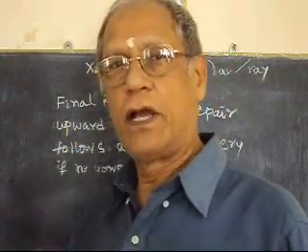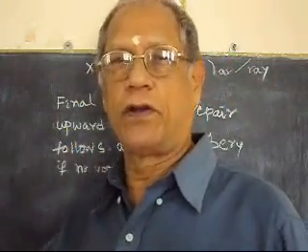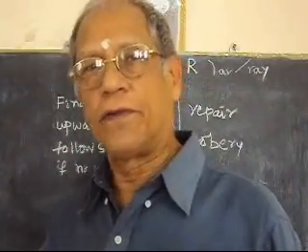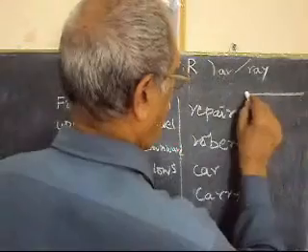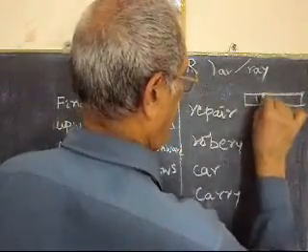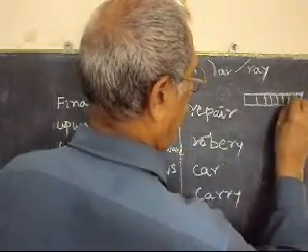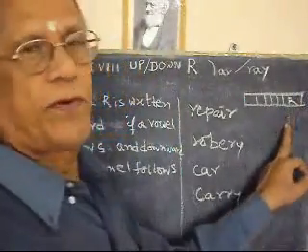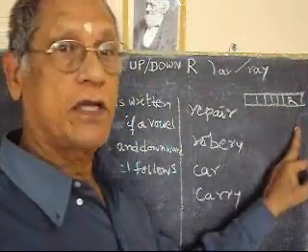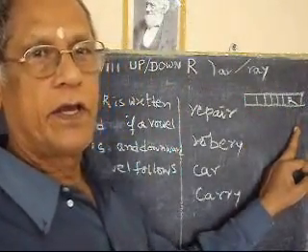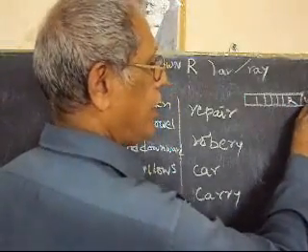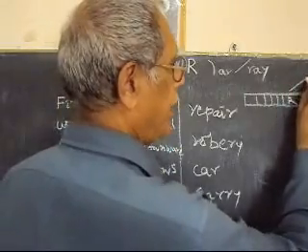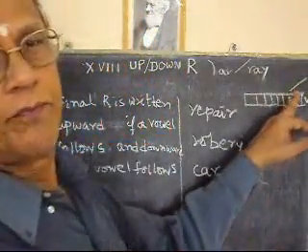Final R is written upward if a vowel follows and downward if no vowel follows. That is, final R. In the word, the last consonant is R. Then, if there is a vowel, you write the upward form.